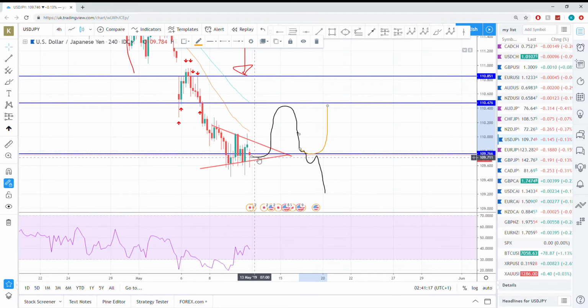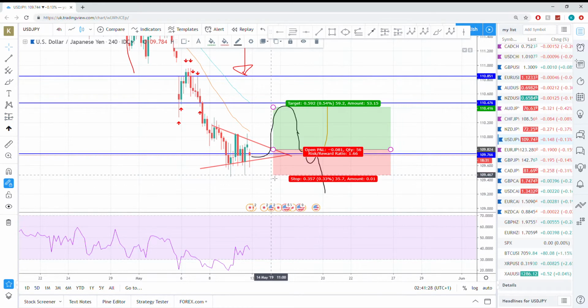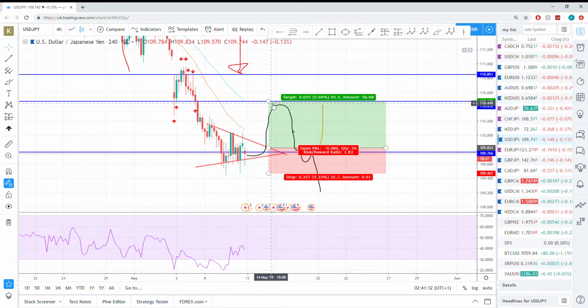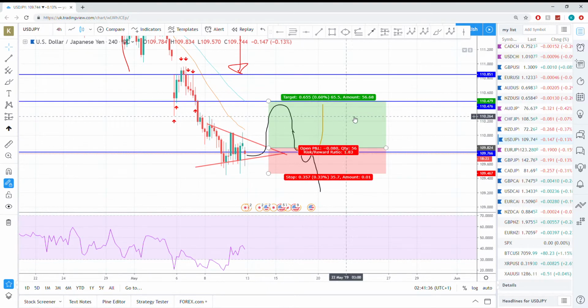What we have to see is if price can break out of this pennant here, potentially look for a short-term long, something like this, and see how far we can get up to this top key zone, key area here.